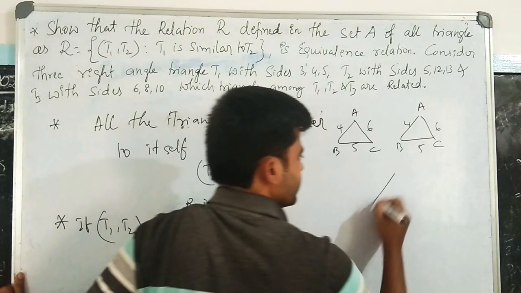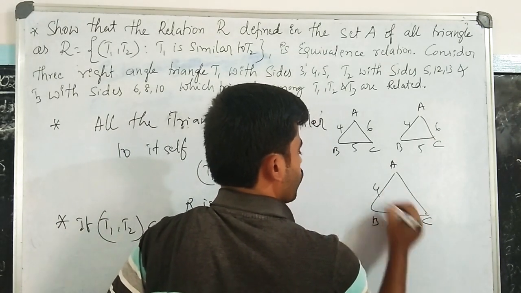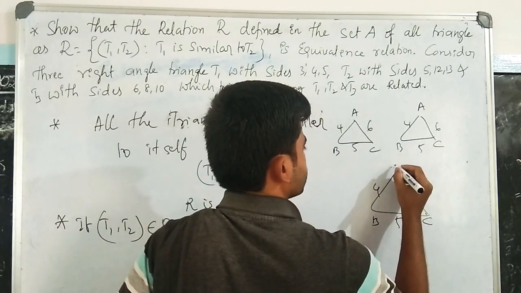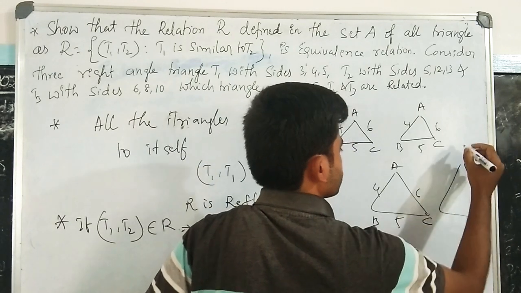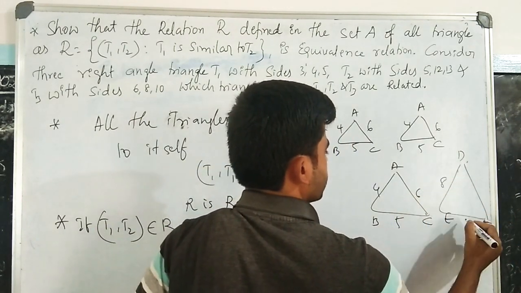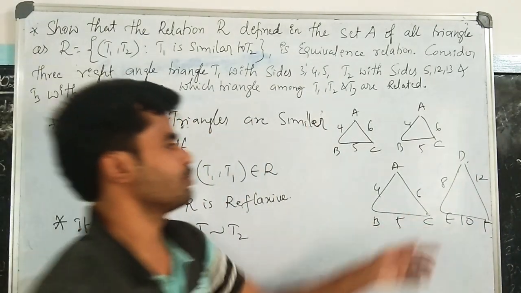Yes, let me see. This is ABC with sides 4, 5, 6, and this is DEF with sides 8, 10, 12. Now these two are similar triangles.